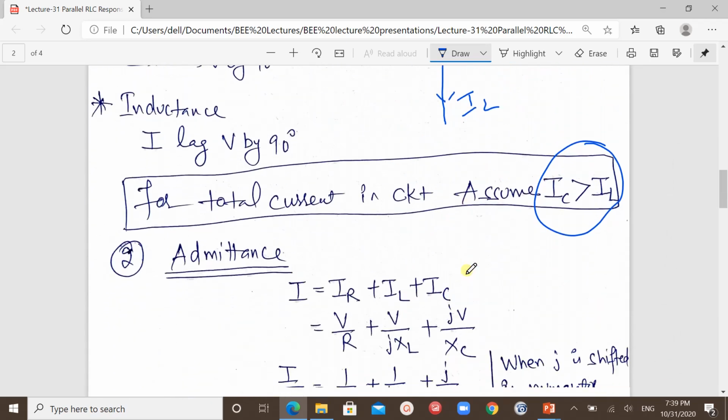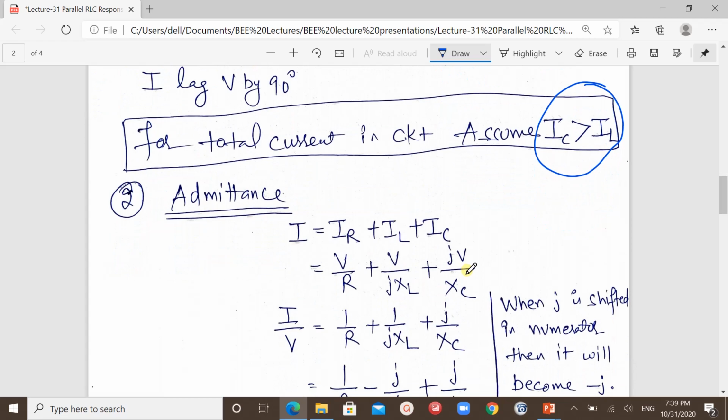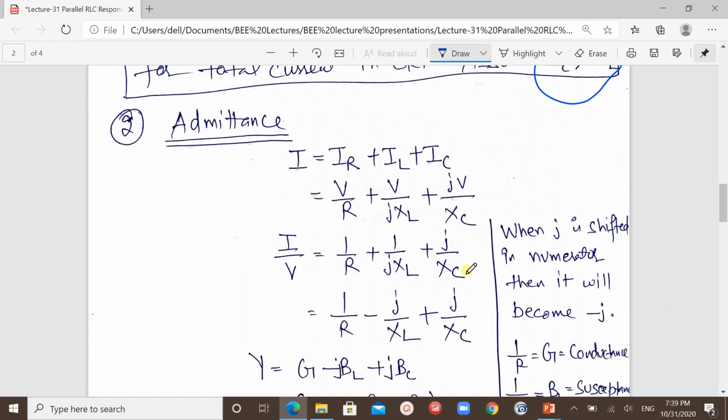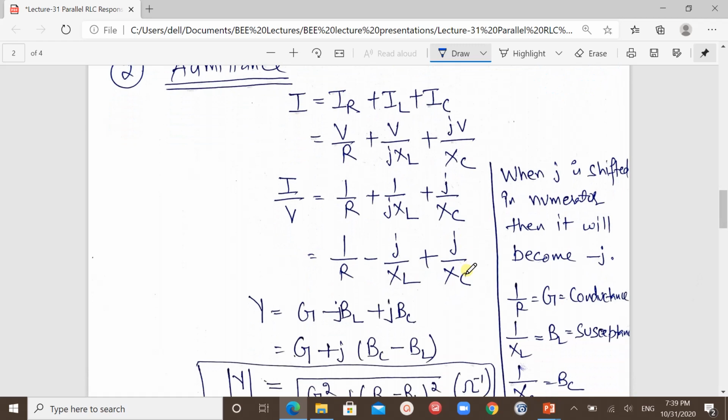Then admittance. We know that the total current I is equal to IR plus IL plus IC. We put the values of the different currents: it is V upon R plus V upon jXL plus jV upon XC. We take V common and put it on the left side. It becomes I upon V is equal to 1 upon R plus 1 upon jXL plus j upon XC.